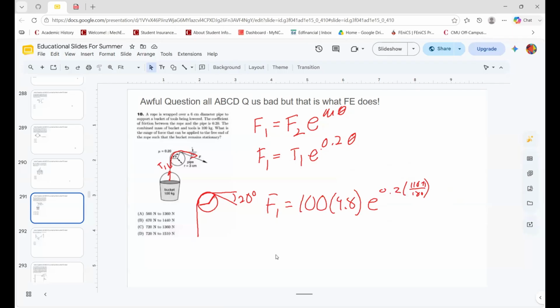So what we have to do is basically e, power over here, in parentheses, 110, and then pi divided by 180, which equals, whoa, that's a huge number. I think I made a mistake somewhere. Yeah, definitely somewhere a mistake happened. Minimum tension. What's going on here?